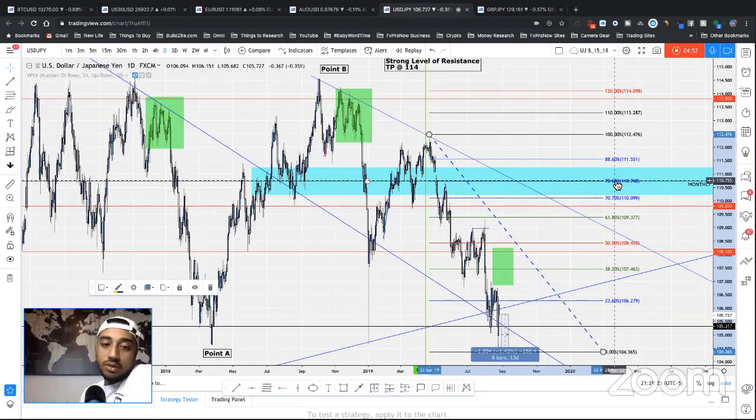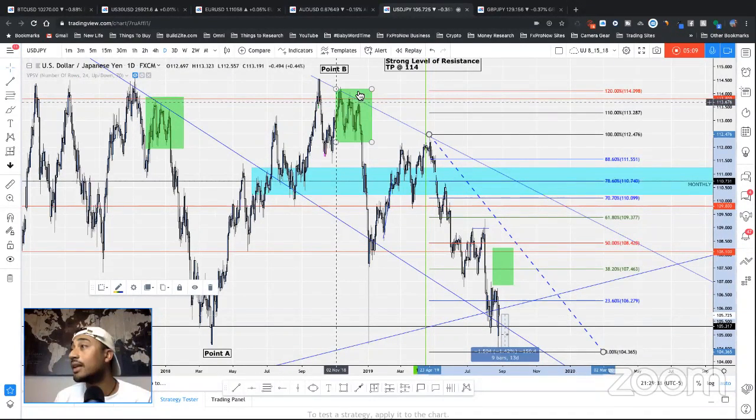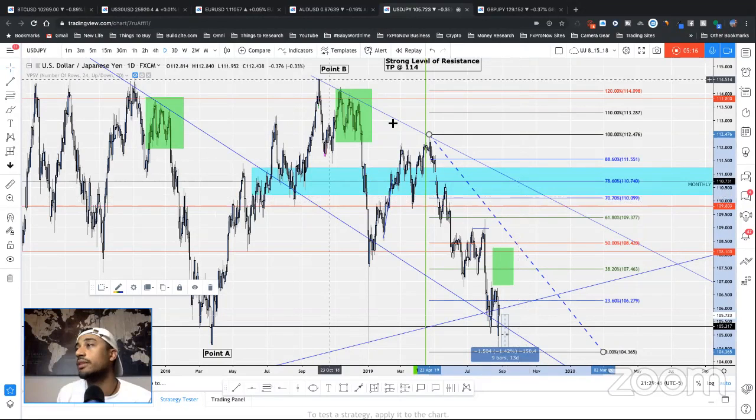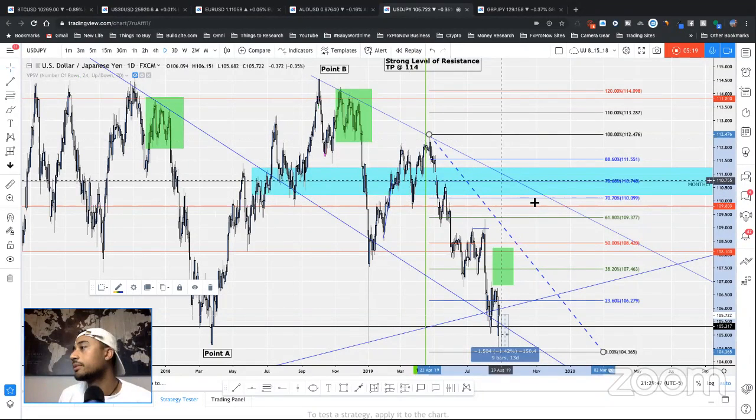You don't want to go from thing to thing. You want to create a relationship with certain pairs. What do I know about UJ? What I know about UJ is that when price pulls back, it goes to like 78.6. This trend line right here kind of takes that out, but this trend line is probably absolutely nothing.